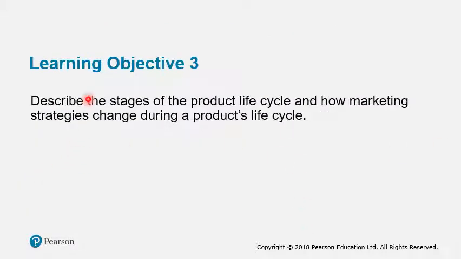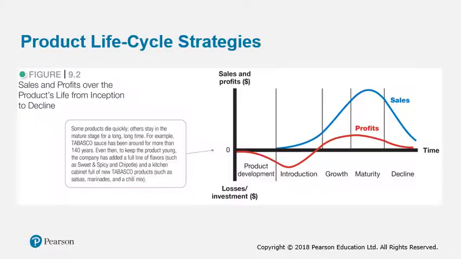Okay, moving on to the third learning objective for this chapter, which is to describe the stages in the product life cycle and how marketing strategies change during a product life cycle. So the product life cycle has 4 stages. By looking at this particular graph, the product life cycle is always shown in this kind of graph, which has the introduction stage, growth, maturity, and also decline.